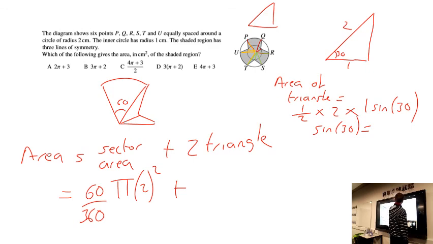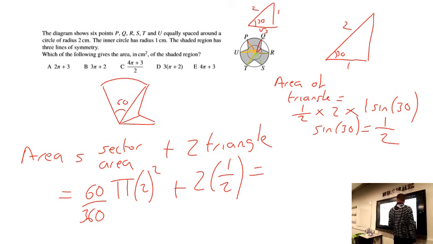This is 30, this is 1, this is square root of 3, and this is 2. Sine 30 is opposite over hypotenuse, which is 1 over 2. So we have the area of the triangle is 1 over 2, and we've got 2 times 1 over 2. So this all simplifies to 1 over 6 times 4 pi plus 2 divided by 2 is 1.